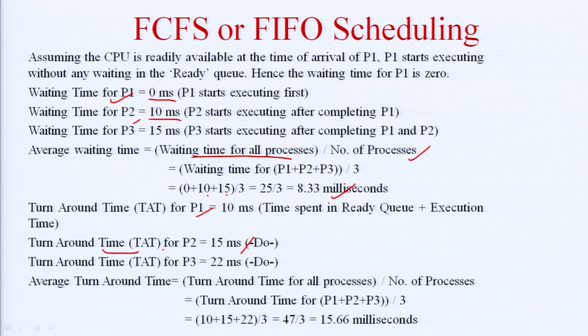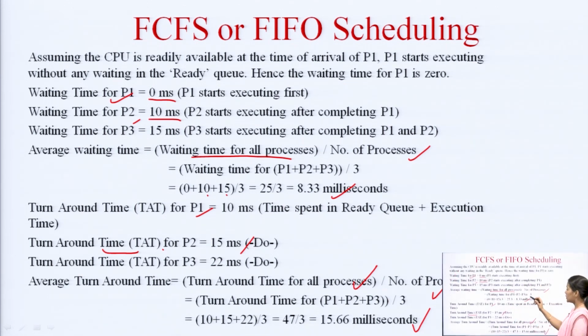In this way we are able to find the turnaround time for all the processes. Now, we will calculate the average turnaround time, that is, the turnaround times for all the processes divided by the number of processes, and we get 15.66 milliseconds. So, in this case the average waiting time was 8.33 milliseconds and the average turnaround time is 15.66 milliseconds.